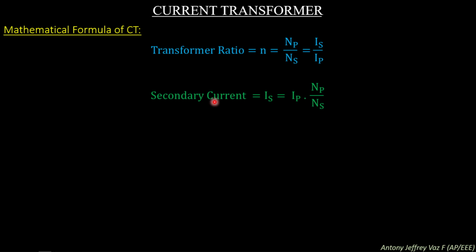So we can find the secondary current: Is equals Ip into Np divided by Ns. We have just cross multiplied the equation to find the secondary current.